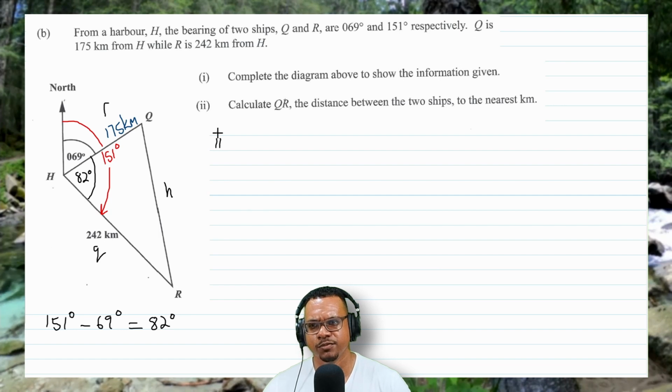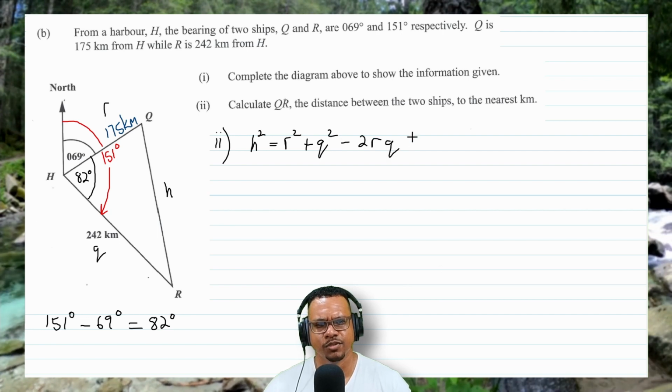So this is for part 2. That's small h. So we're going to have h squared is equal to your other two sides, r and q. So r squared plus q squared, take away 2 times rq cosine capital H. So h squared, that'll be RQ squared.